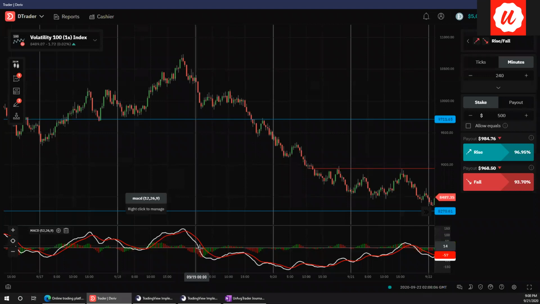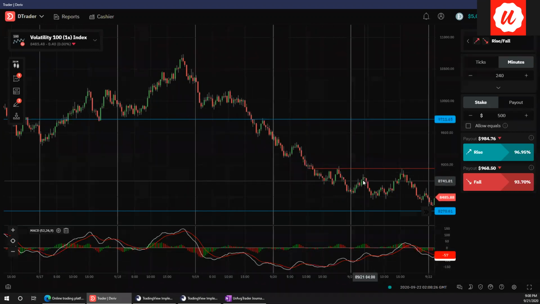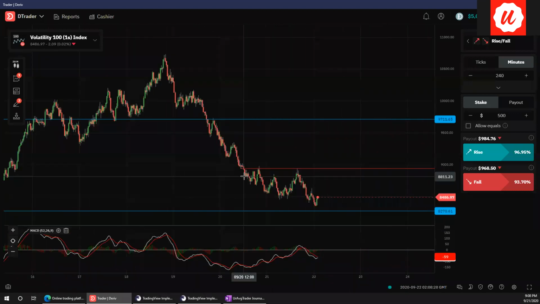A crossover here is a good sign that you can sell. I mean, you could drop your fib. Actually, I did drop my fibs and I had a retracement somewhere up here, but then this range of consolidation kind of threw me off. So as I say, price backs itself up. So right at this cross, you could start selling again, and price just keeps going down, down, down, down.